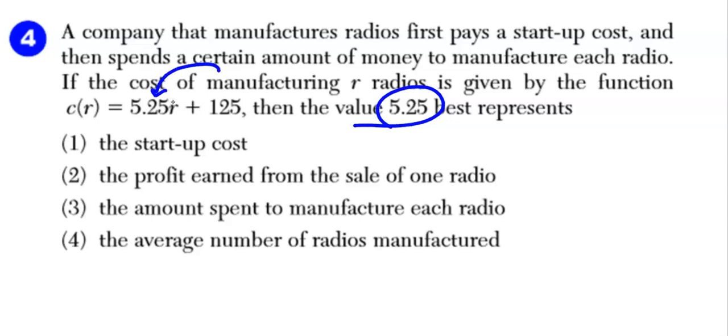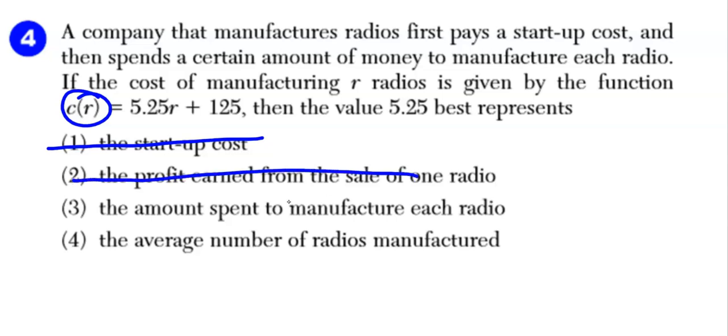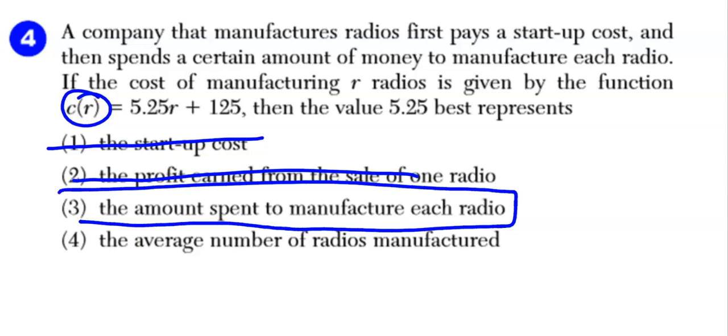Well, 5.25 is a coefficient of R. That means it's the rate of change, not the initial value, but the rate of change. So the startup cost would be the initial value. The profit would be this value here. The amount spent to manufacture each radio is the per number, or the rate. So this would be number 3.